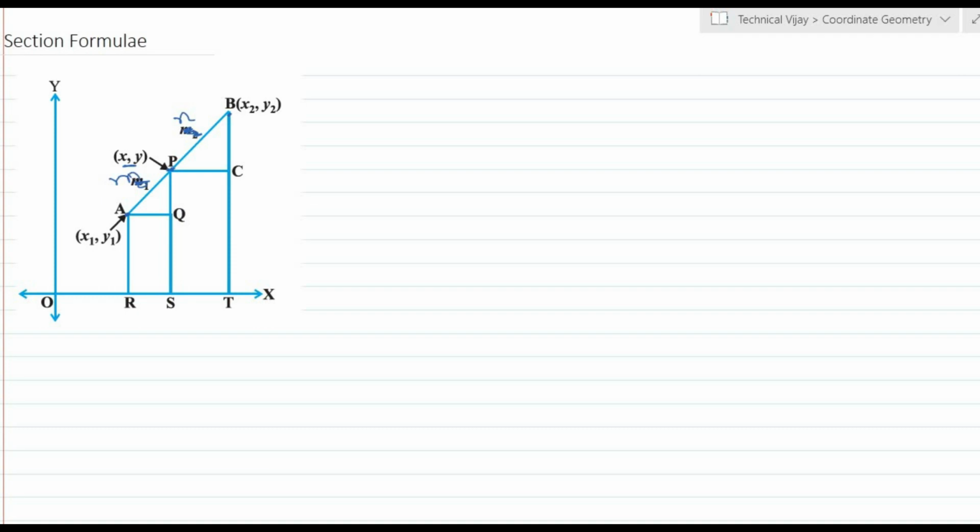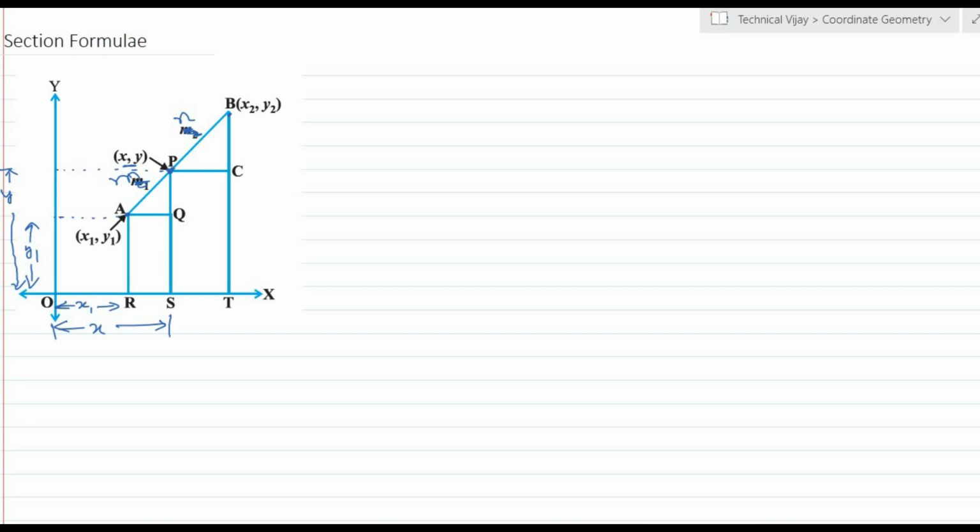Now we will have some lengths here. From this to this, OR is equal to x1, because this point is (x1, y1), so this is x1 and up to this it is y1. And for point (x, y), up to this is y, and here this is x.